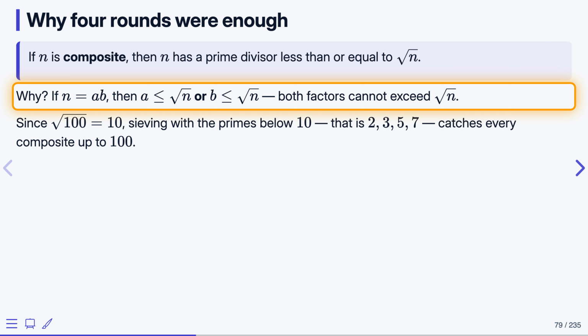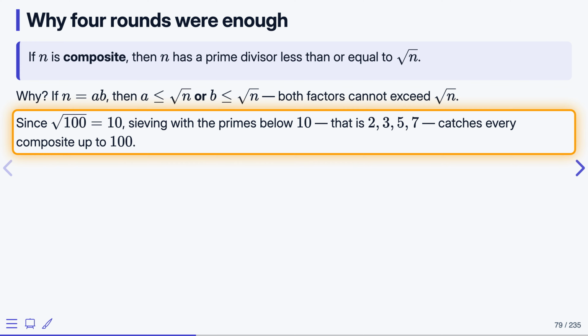The two factors cannot both be larger than the square root of n, because their product would then be larger than n, so at least one of them is small. Apply that here. The square root of 100 is 10, so every composite number up to 100 has a prime factor below 10. The primes below 10 are 2, 3, 5, and 7. 4 rounds and we are done.